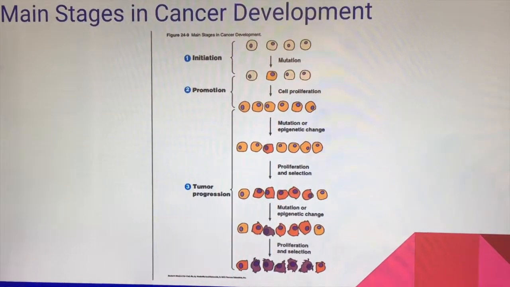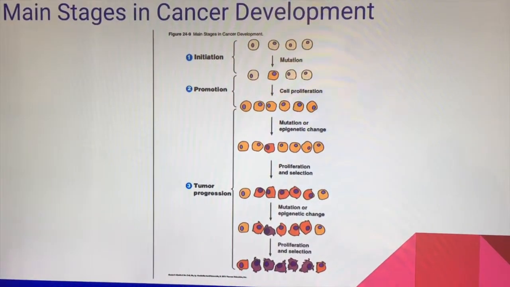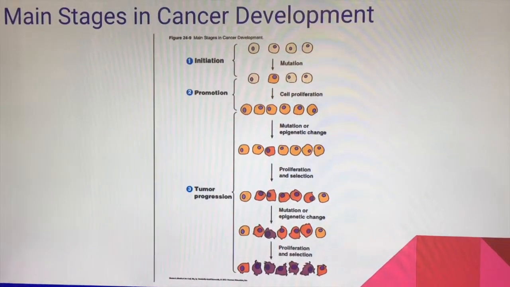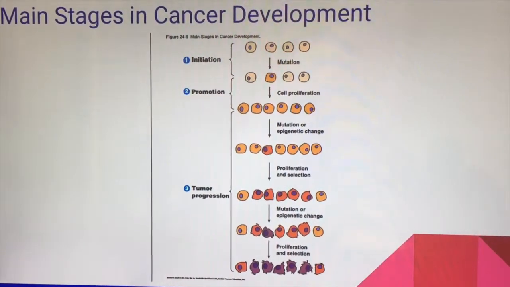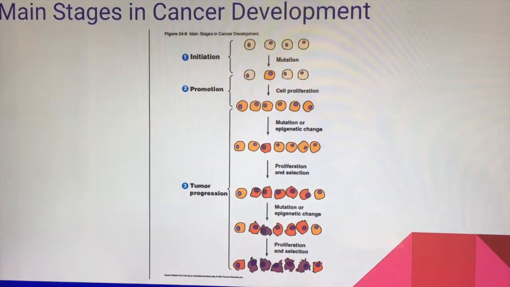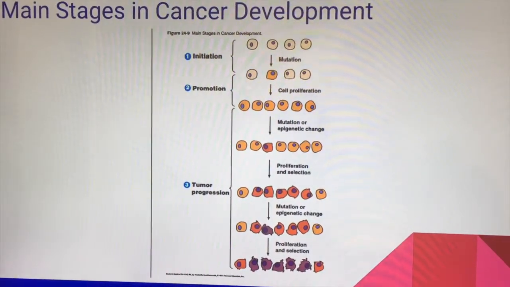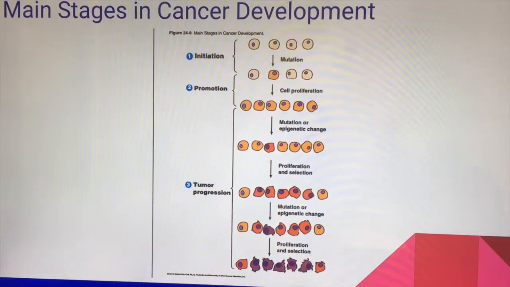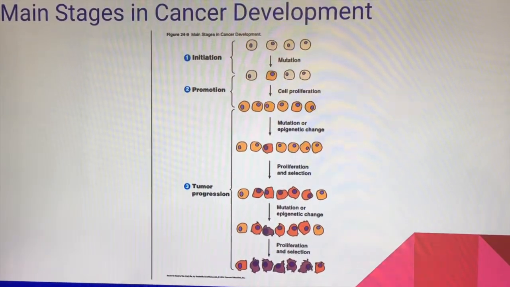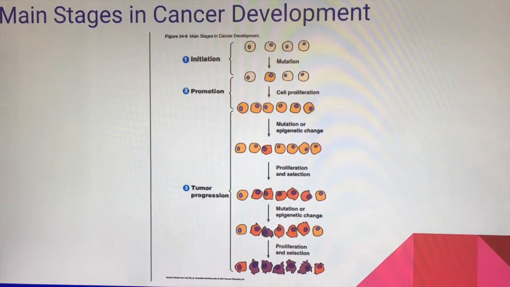After initiation and promotion is tumor progression, which is basically the mutations and changes in the gene expression, and it shows enhanced growth, and it's made up of a combination of DNA mutations and epigenetic changes. And after tumor progression, there's a repeated cycle that creates a population of cells that gradually changes.